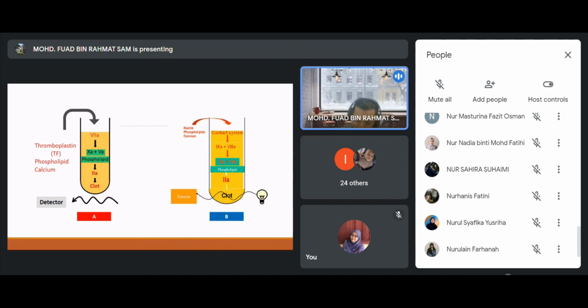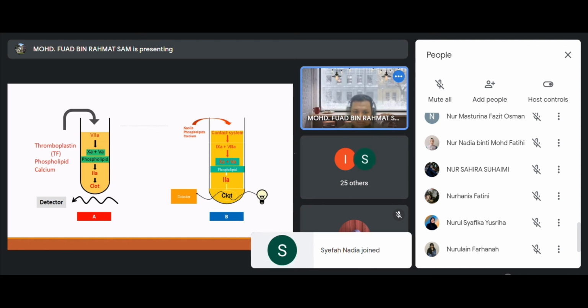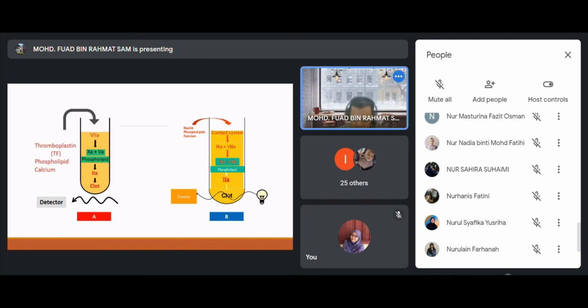Mungkin pergi toilet agaknya. Tak apa. Nadia Fatihi ada? Ke tak ada? Nadia pun?